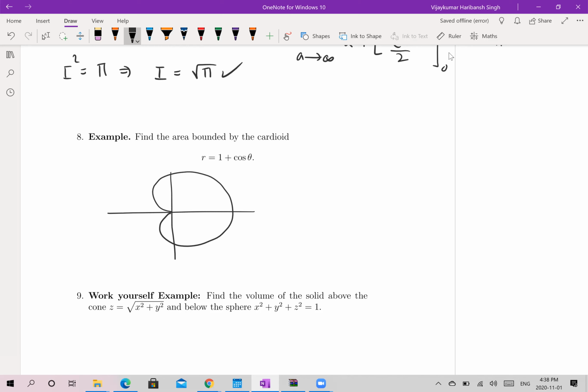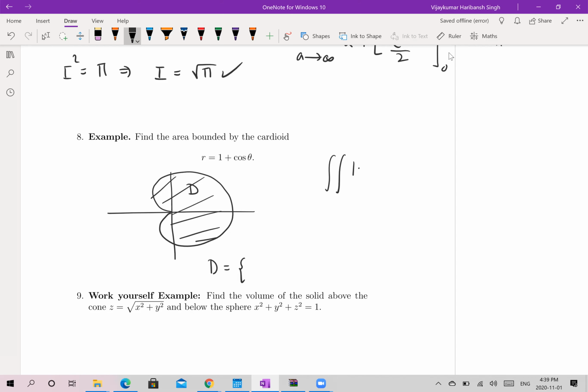So we want to basically find out the area. So this is our region D. We want to find out the area that is similar to integrating 1, right? Now I would directly do the integration. So first of all, let's write D.